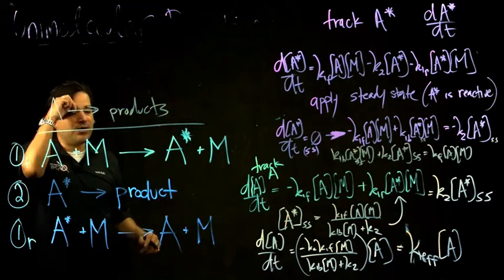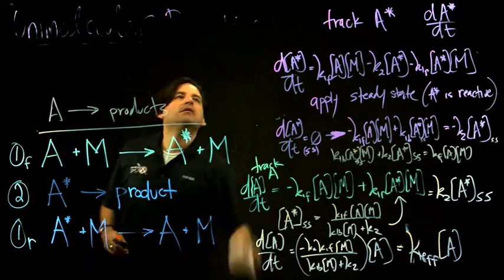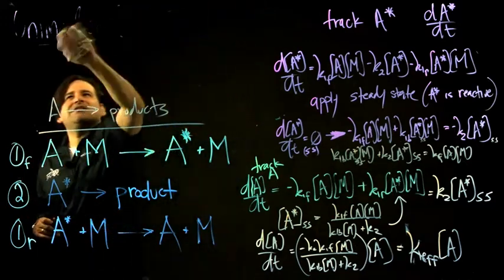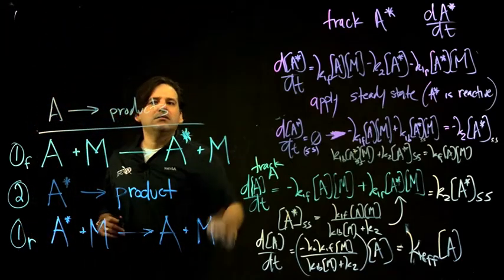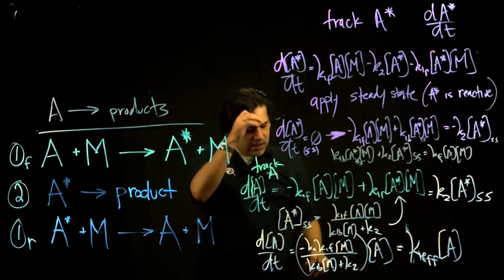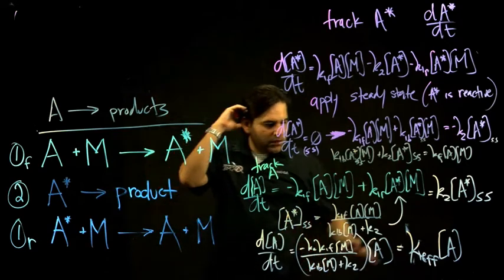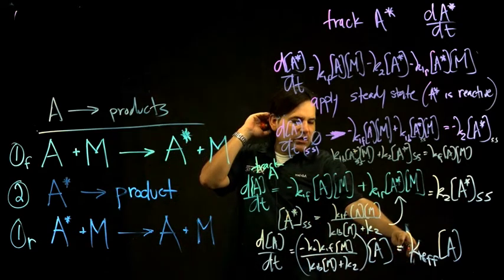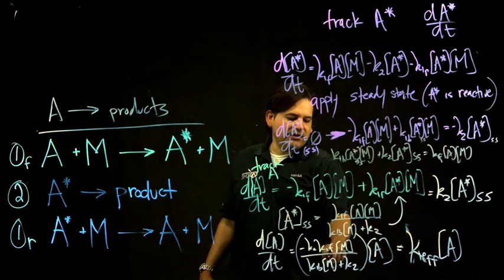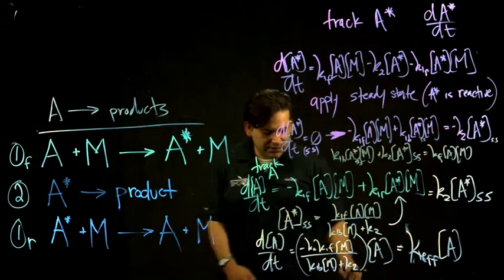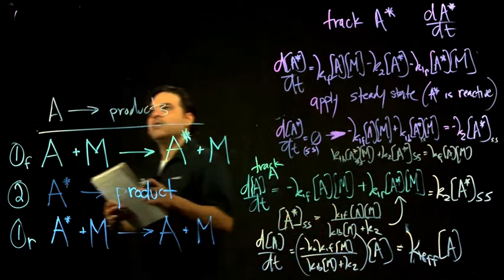So this is the net process, this is the mechanism. And if we did this analysis applying the steady state assumption for this energized radical or energized species, we showed that you can organize it such that you get this effective rate constant. So I'll write it over here.